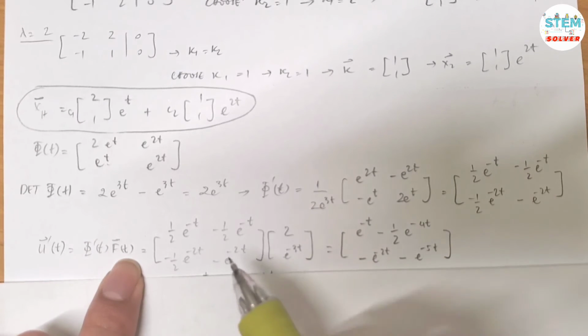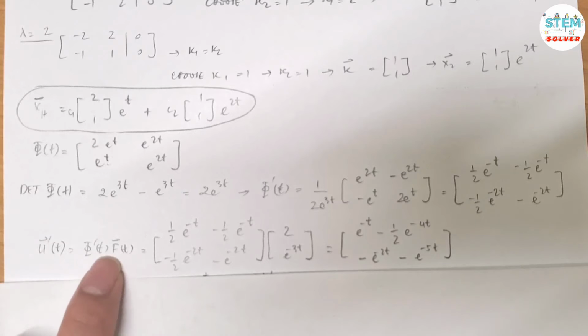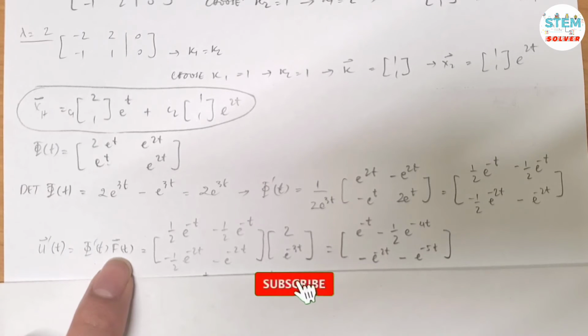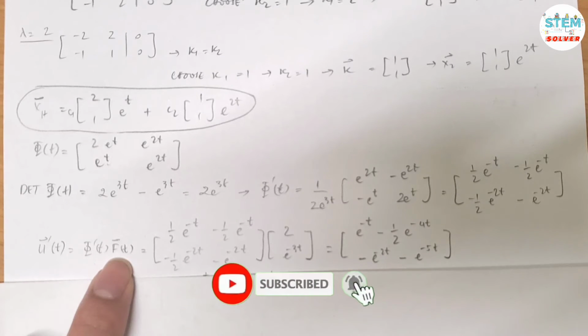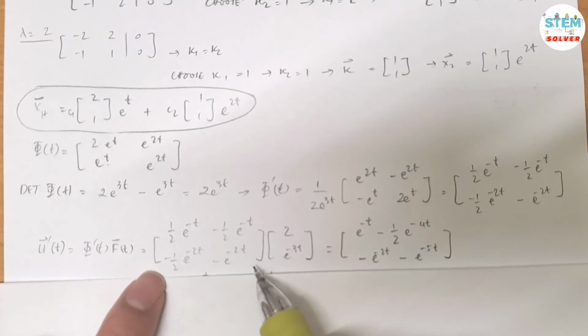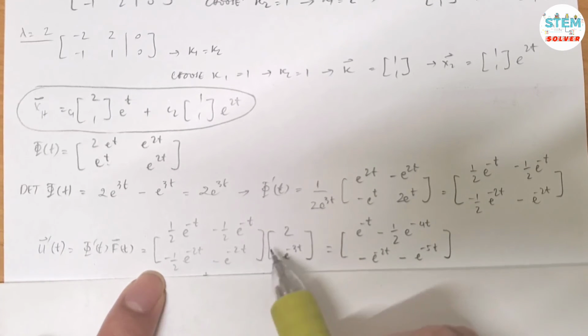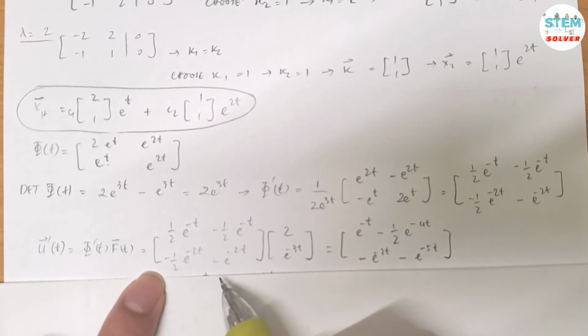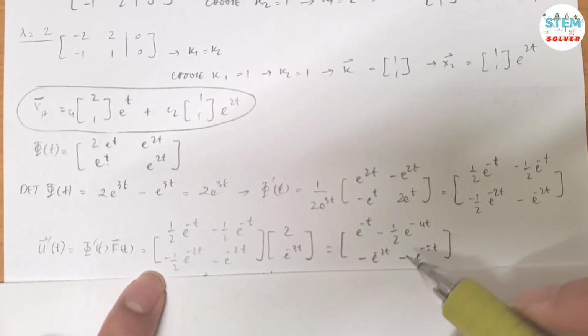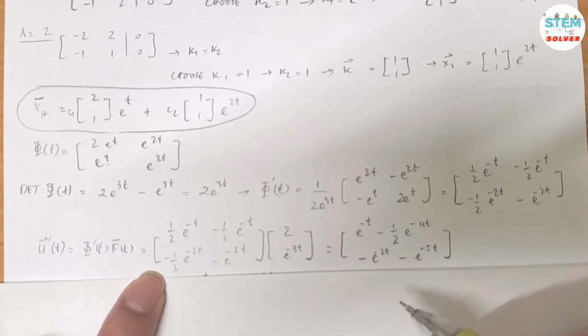Do not switch the order here. You can do it when you have numbers or variables, but because you have matrices here, the order does matter. If you swap the order, it will change the answer. So be careful when you multiply matrices together.